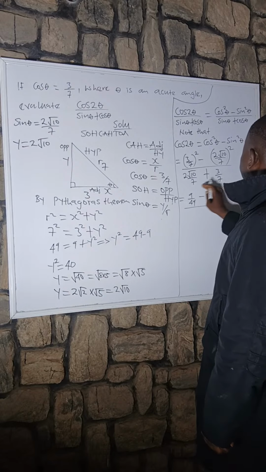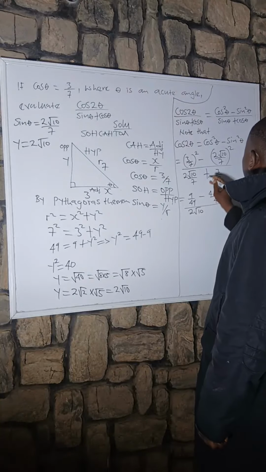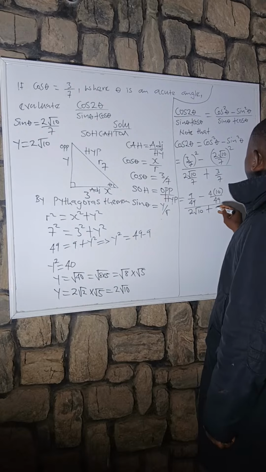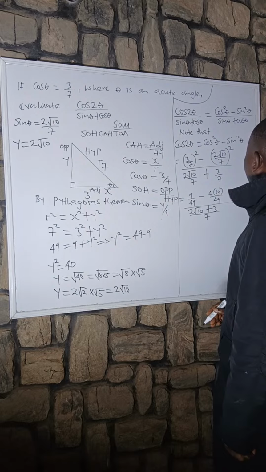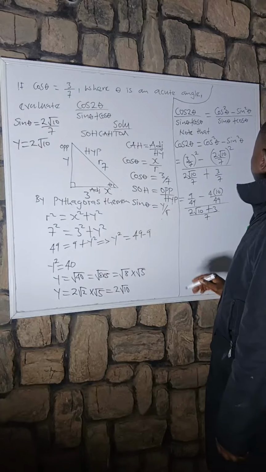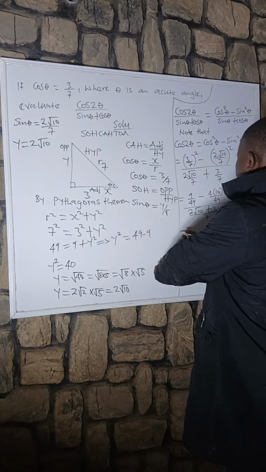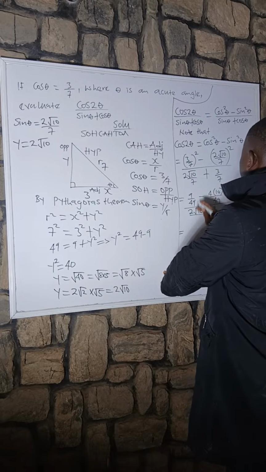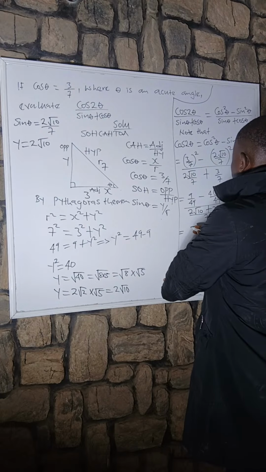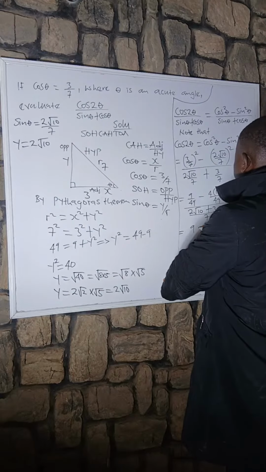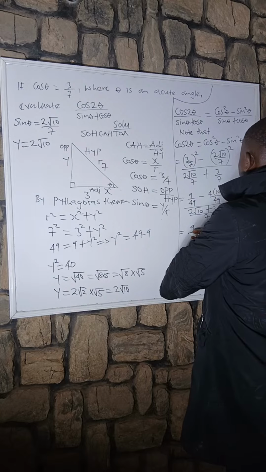LCM is 2 root 10 plus 3 all over what? 7. True or false? Then the LCM here will now be 49. So here we are going to have 9 minus 4 times 10, 40 all over 49.